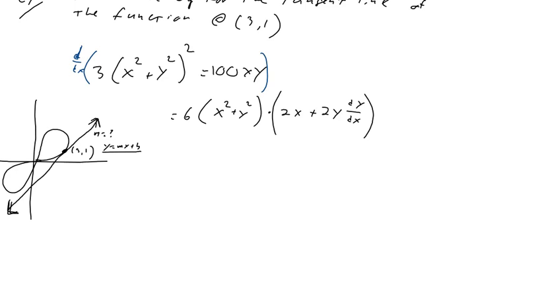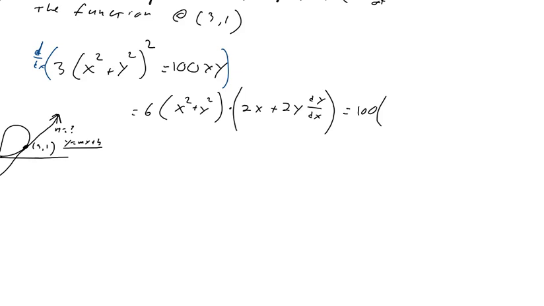So that's that part, equals, now I got another part over here. The 100 is going to stay. And I have another product rule situation where I have the x and the y. So I got to do first times derivative of the second, plus second times derivative of the first.